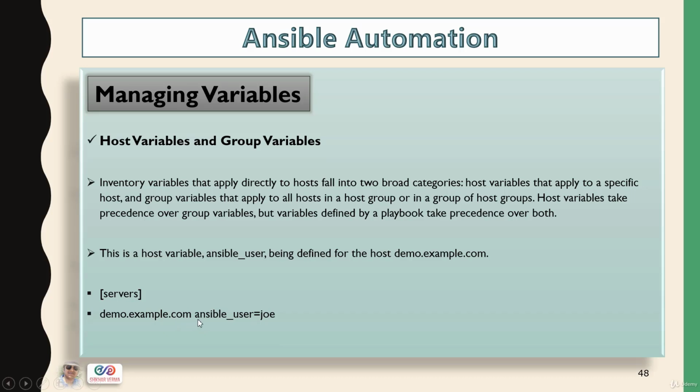Here I have defined one variable, ansible_user, with the value jaw. This variable, defined after this server, is applicable to this server only, not for the entire group, servers. So it is called a host variable.